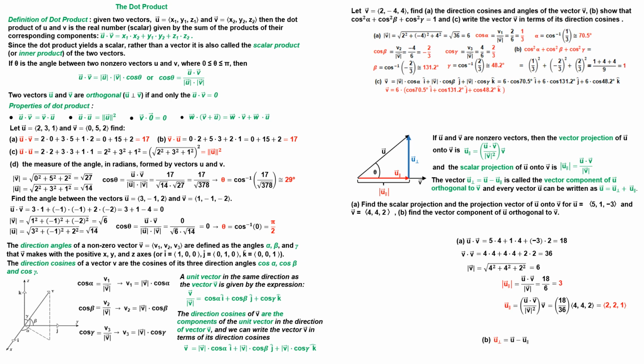To determine the vector component of vector u that is orthogonal to vector v, we simply subtract the vector projection of u from u itself. The diagram illustrates this scenario.